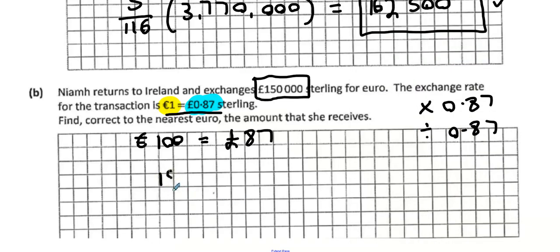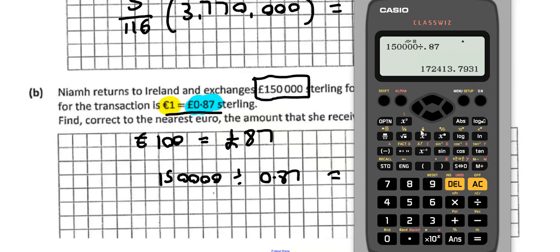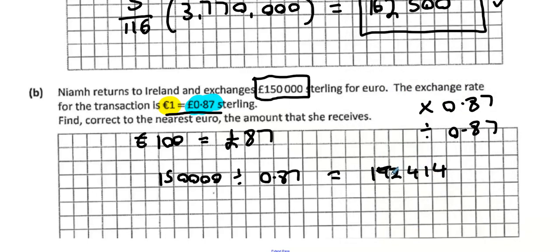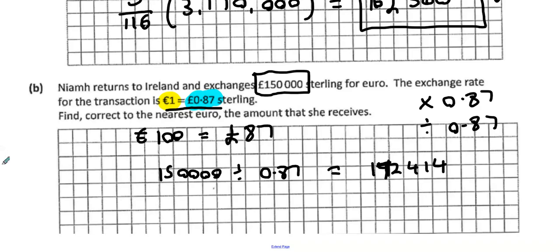So, 150 grand. Who got 172,414? We all good? Okay.